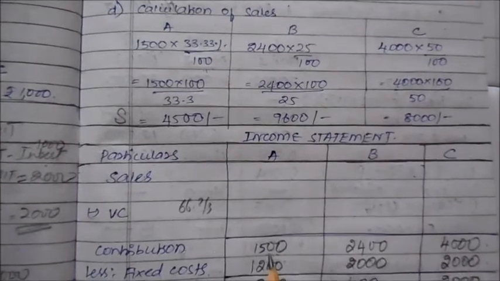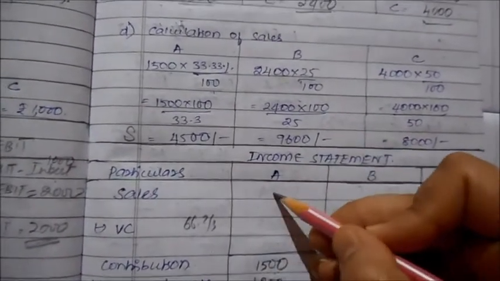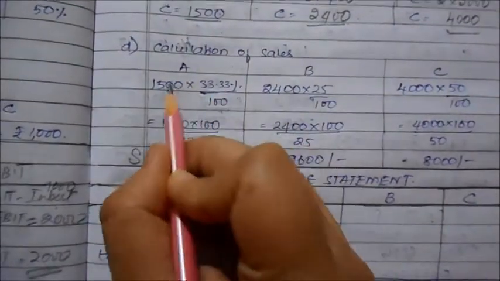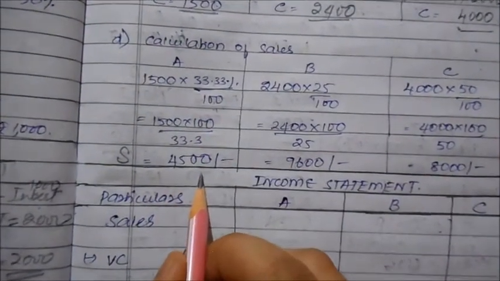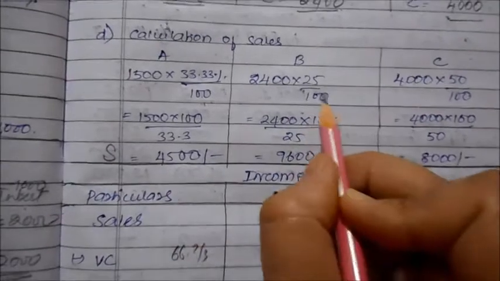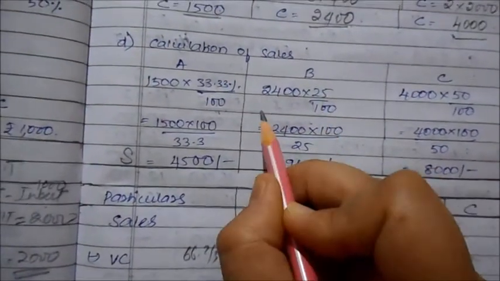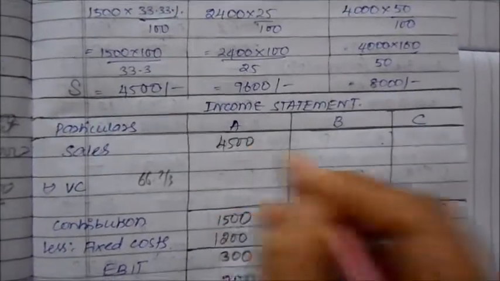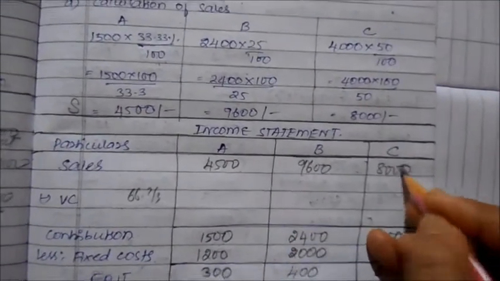So if contribution was 1500, that is 33%, what would have been 100%, that is of sales? If 33% is equal to 1500, what will be for 100%? So you will get 4500. If 25% is equal to 2400, how much will be 100%? This is the value that we arrive at. So if we get 4500 here, we will get 9600 and we will get 8000.